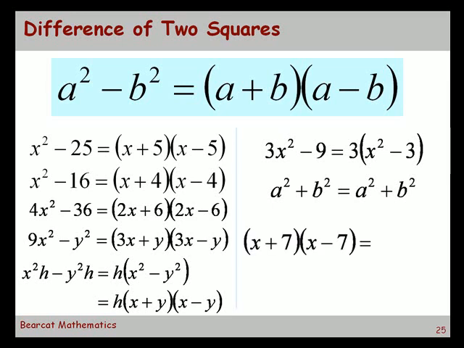All right, now we're going the other direction again. So what's x plus 7 times x minus 7? Soleil. Keep going.